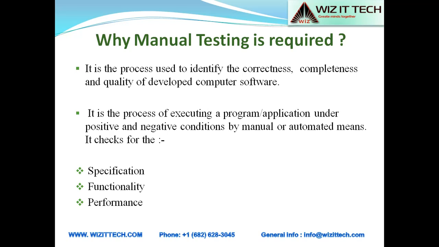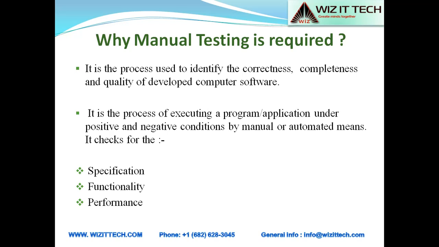It is a process used to identify the correctness, completeness and quality of developed software. We verify the correctness and completeness, and we ensure that the application is delivered with quality. It is a process of executing a program or application under positive and negative conditions, manually or automated.